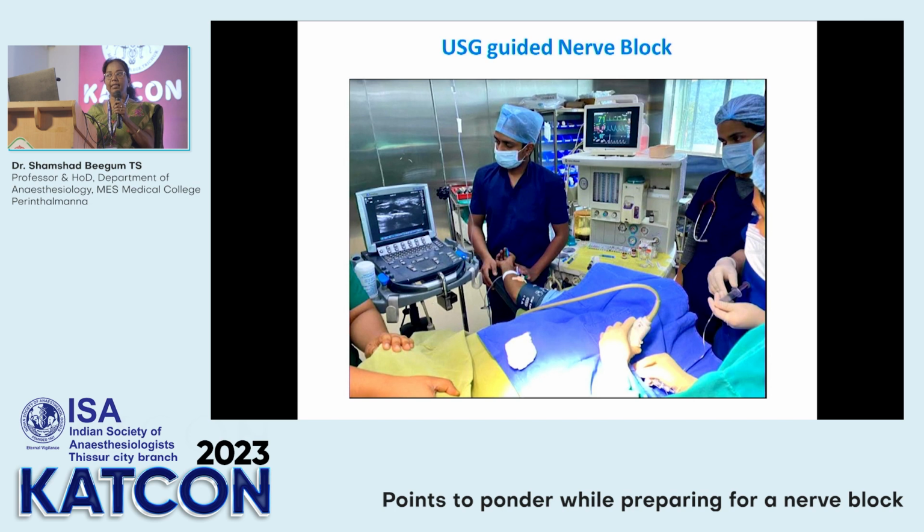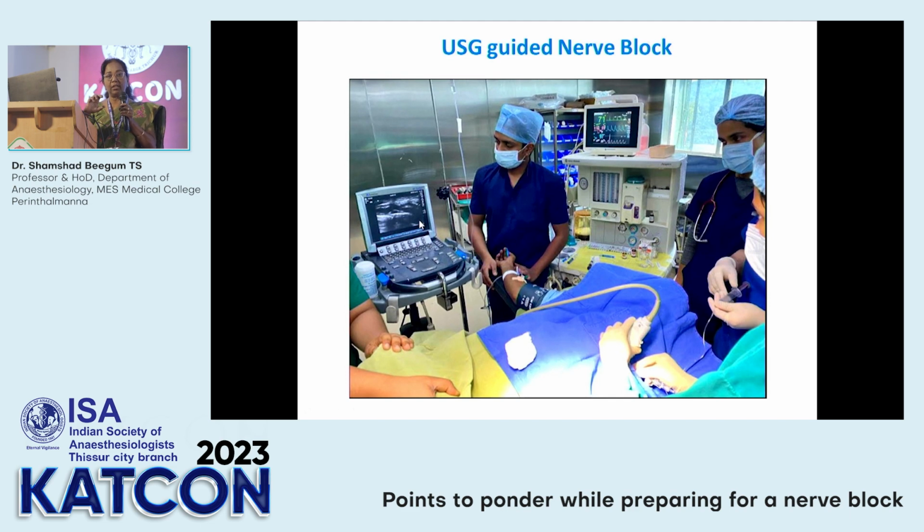The second one is the ultrasound guided nerve block. The advantage is that the volume of the drug can be reduced by seeing the site of the injection, as well as the spread of the drug around the nerve.